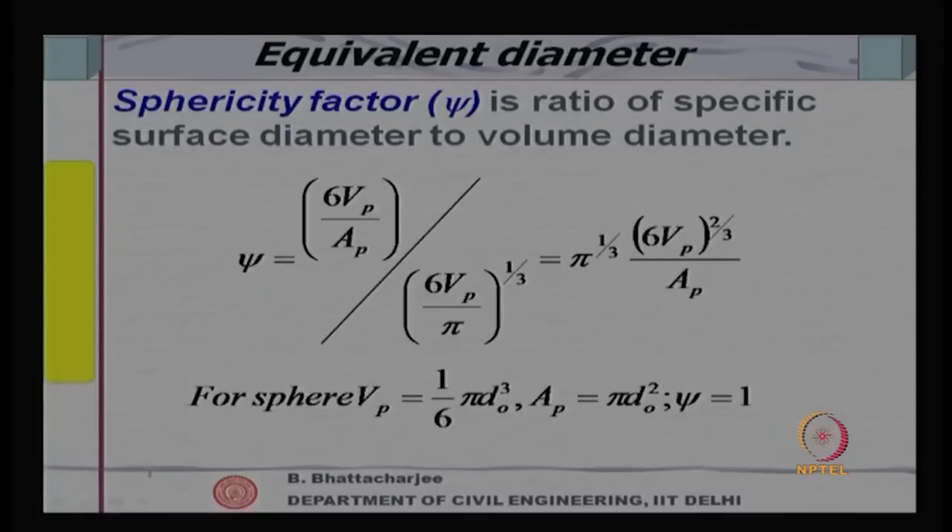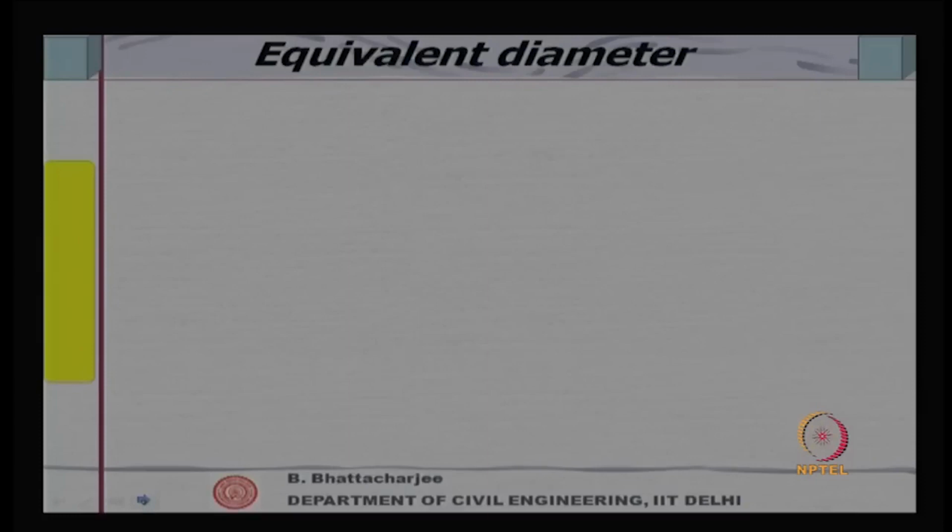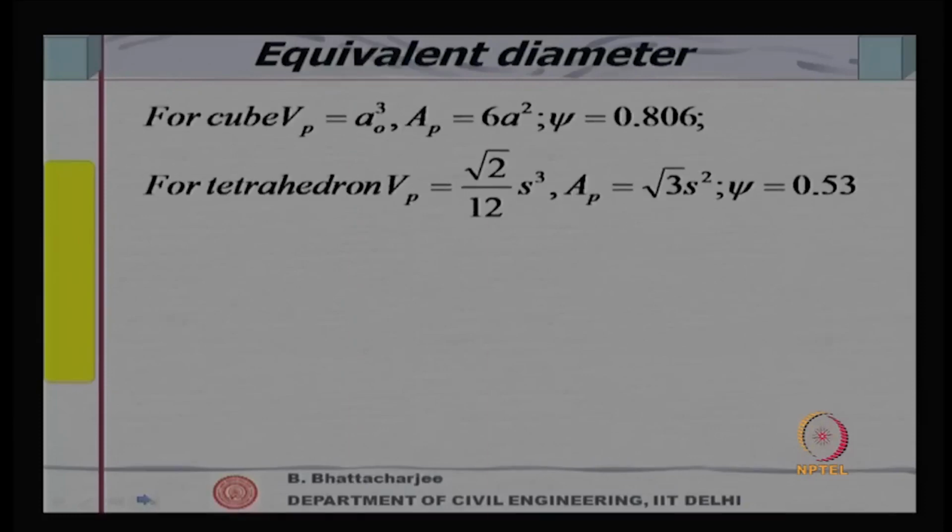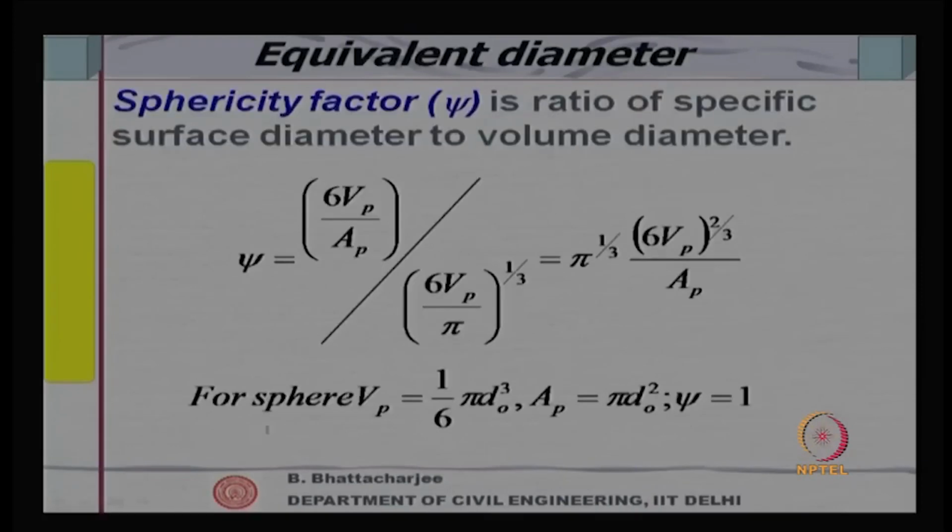Let us see what happens if I have more angular shapes, for example a cube. For a cube, volume V p is a cube, A p is 6 a square, and this will turn out to be 0.806, because if we go back to the formula, V p by A p, and the volume is a cube and the area is 6 a square.